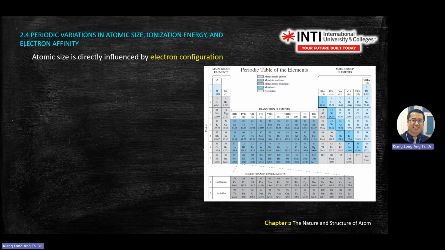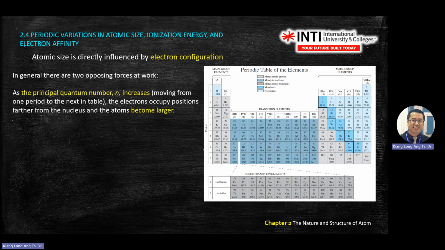Now, you know that electron, this is the Bohr model. So it depends on how many electrons you have. Let's say the periodic table, you know that your families are 1, 2, 3, 4, 5, 6, 7, 8.